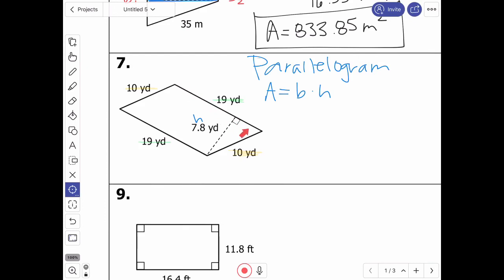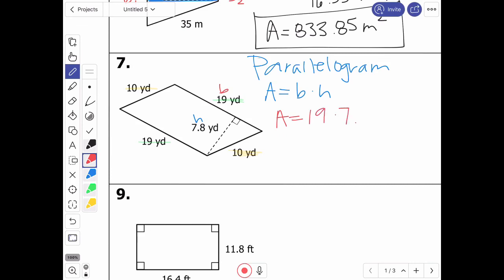The 19 yards is what's creating the right angle on this side. So 19 yards is going to be my base. So area is 19 times 7.8. And so that turns out to be 148.2 yards squared.